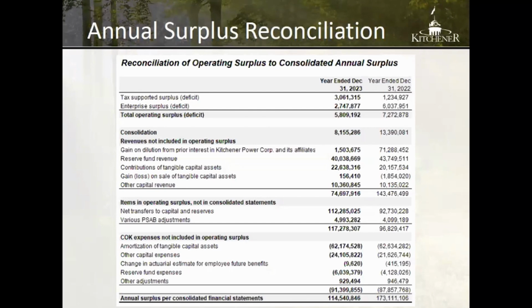And transfers from operations to capital or reserve funds and transfers from capital or reserve funds to operations are removed in the consolidation, as these are an expense to one fund and revenue in another. Taking all of these items into consideration leads to the annual surplus as presented in the consolidated statements of approximately $114 million.